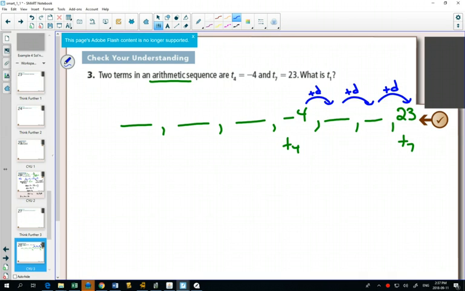So now how do we set that up to figure this out? We have a couple of different options. Do you remember what we did when we did the license plates? We figured out the difference between these two. So one way that we could do this is find the difference.